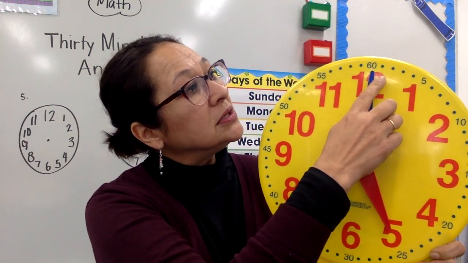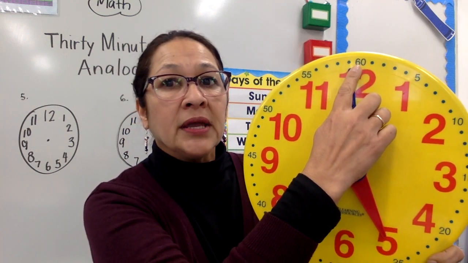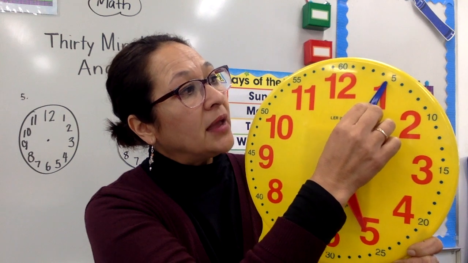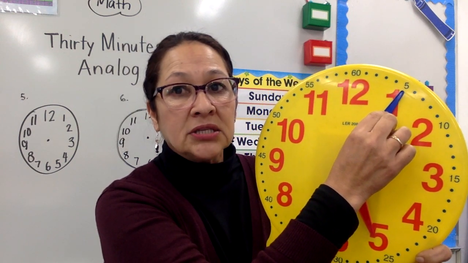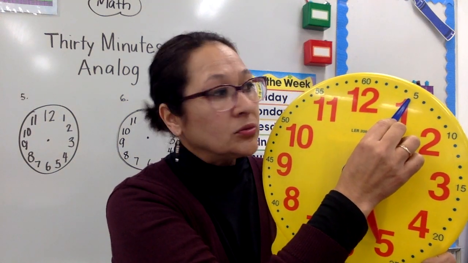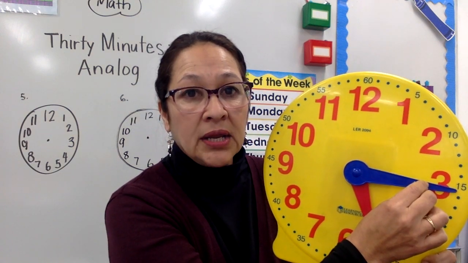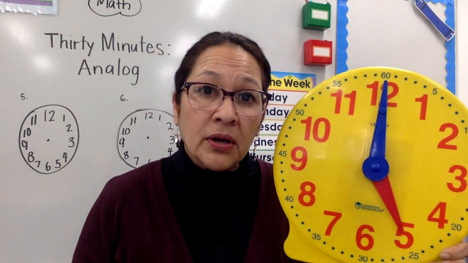So if you look closely here, there's a 60, right? So that means that every time this minute hand touches a number, that it is 5 minutes. So 5 minutes have passed when it gets to the next number. And to the next number, it's 5 minutes, right? So you're skip counting by fives every time that this minute hand touches a number, all right?